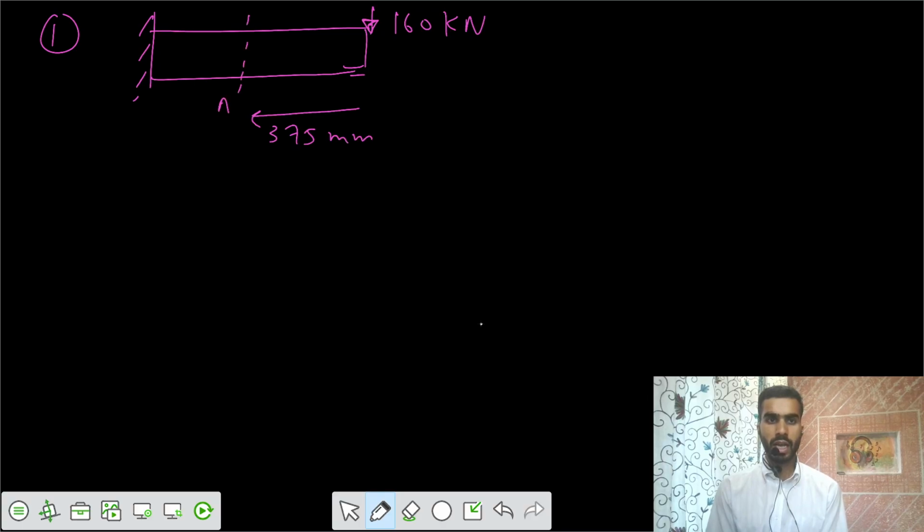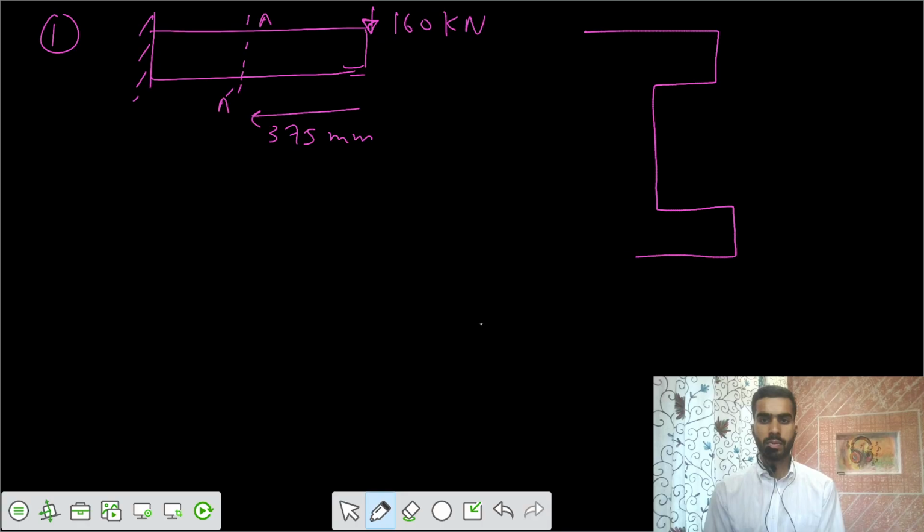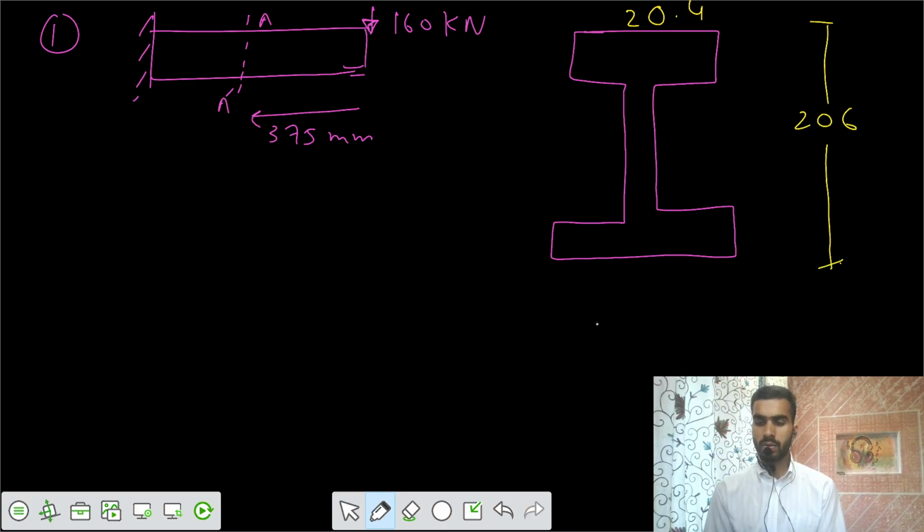There is some section AA dash, and the AA dash looks like a symmetric I section, with entire depth 206, thickness for the web 7.9, and thickness for the flange 12.6.